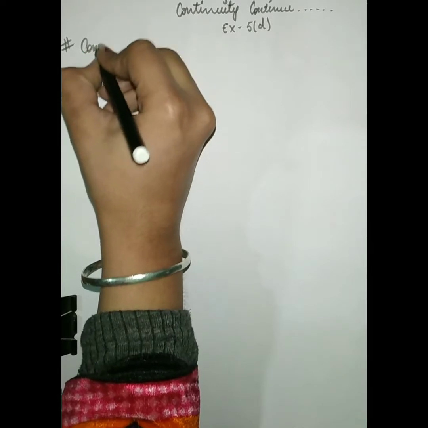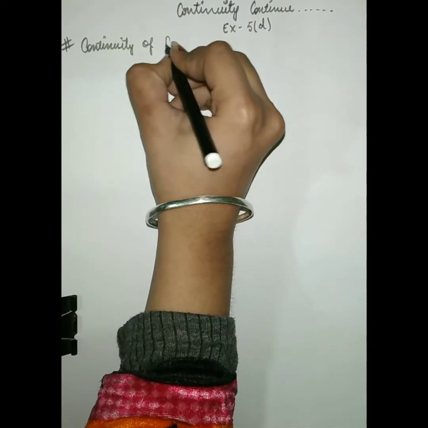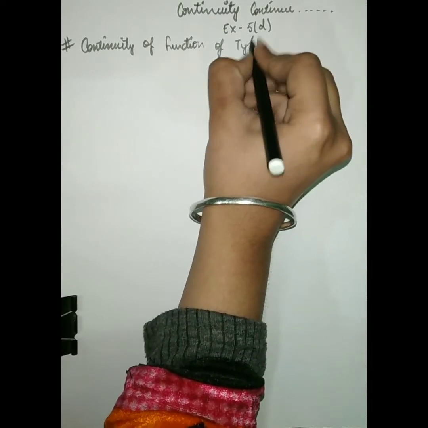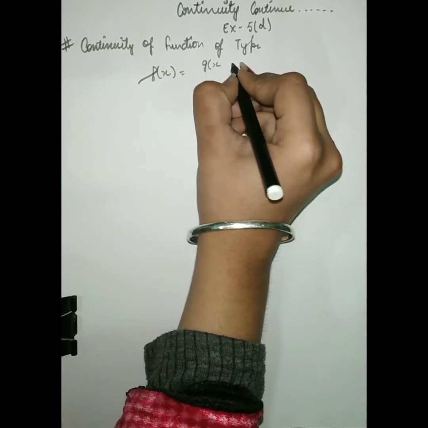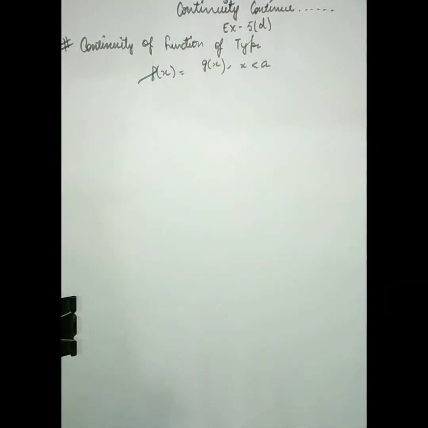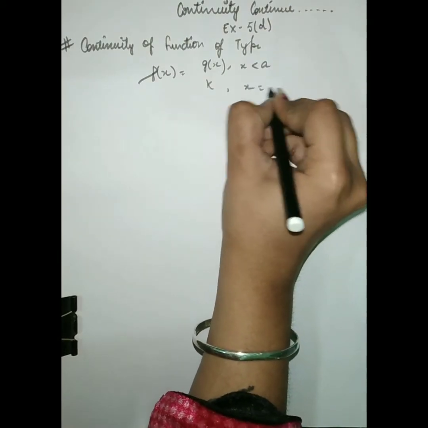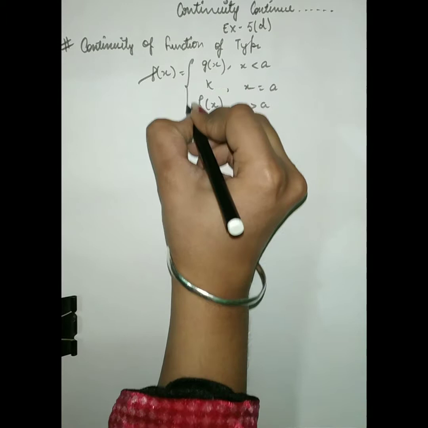In this video we discuss the continuity of a function of the type f of x equals g of x when x is less than a, f of x is k when x equals a, and f of x equals h of x when x is greater than a.